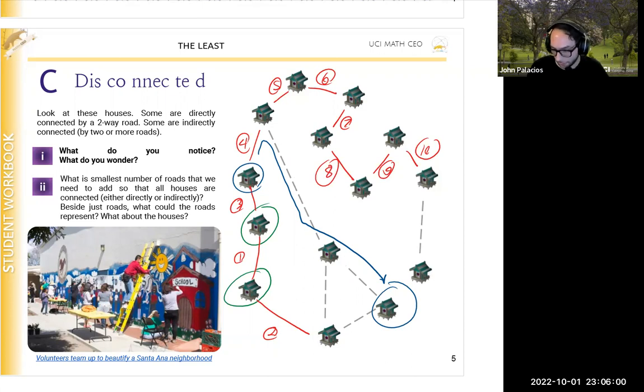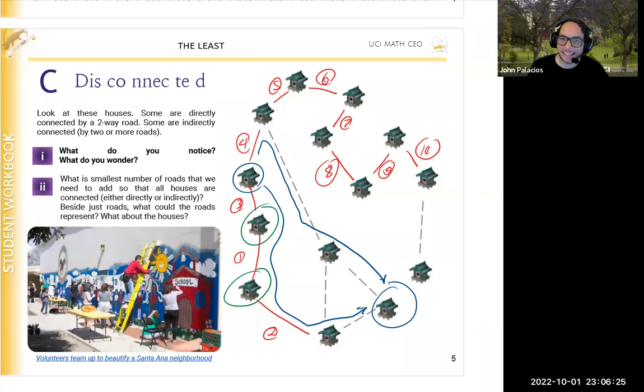Or she could take your new expensive road that you just built, going this direction here, driving past her friend's house here to get to the last house at the bottom right-hand corner of that neighborhood. And so really it seems redundant, this road that we labeled 2, we don't actually need that one.